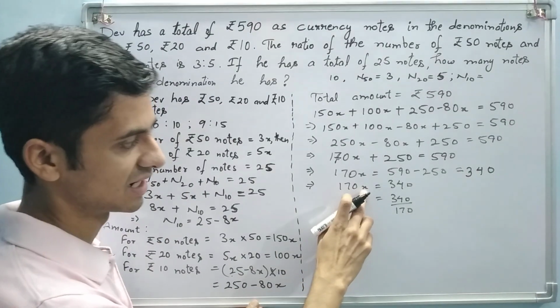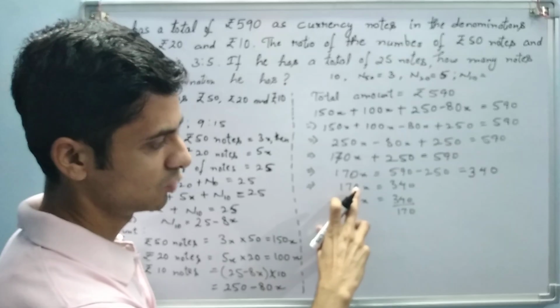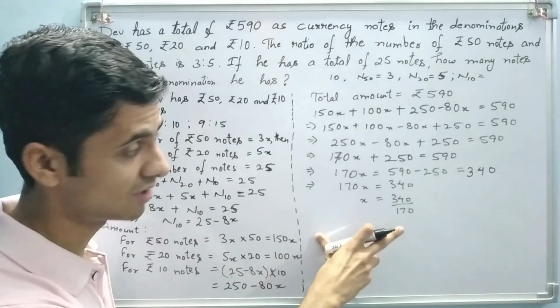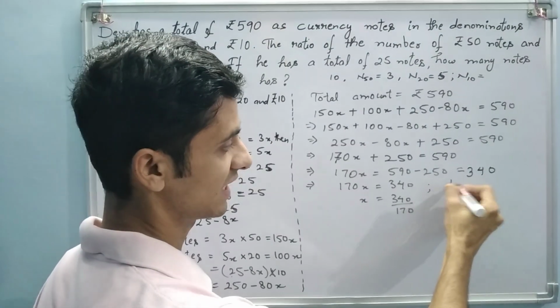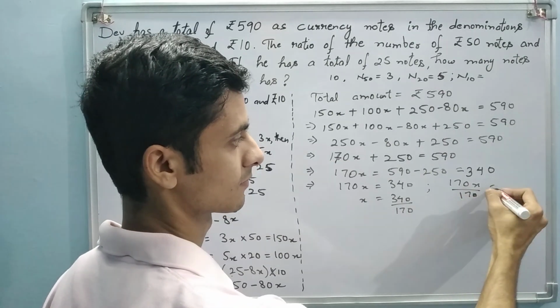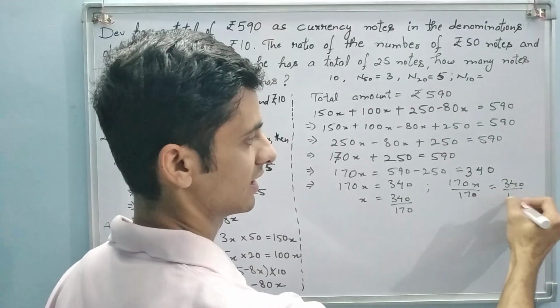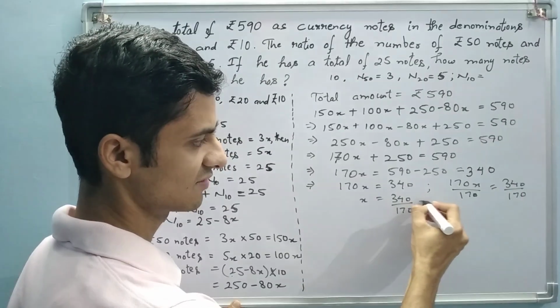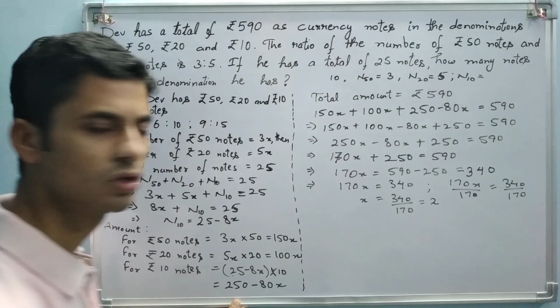This 170 is in multiplication, so when you want to remove it, it will go in the denominator. The other way around, dividing both sides by 170, here also we get the same thing. So x is 340 upon 170, which is equal to 2.